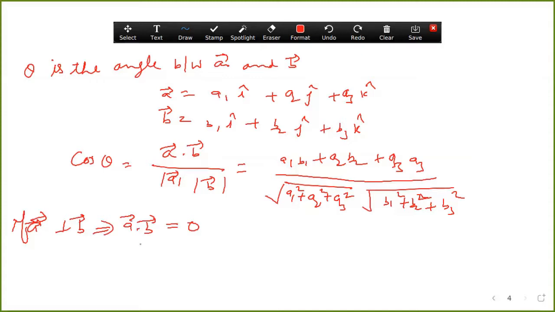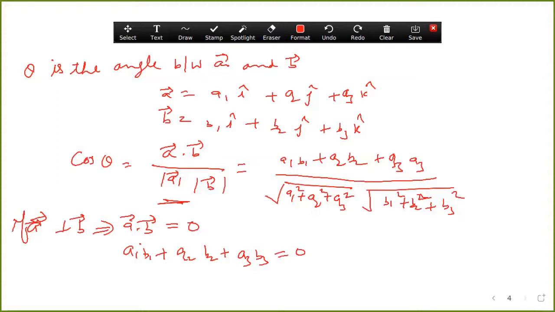Or you can say that A dot B equal to 0 means from here you will get A1 B1 plus A2 B2 plus A3 B3, and this is equal to 0. Now these are the properties of the dot product.